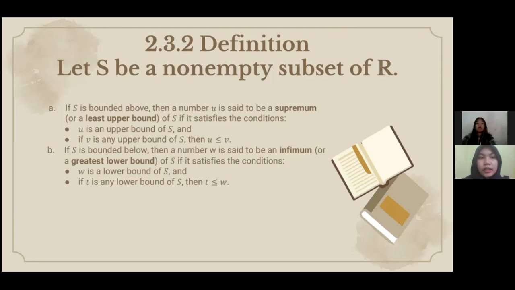And B, if S is bounded below, then a number w is said to be an infimum or a greatest lower bound of S if it satisfies the conditions. First, w is a lower bound of S, and second, if t is any lower bound of S, then t ≤ w.